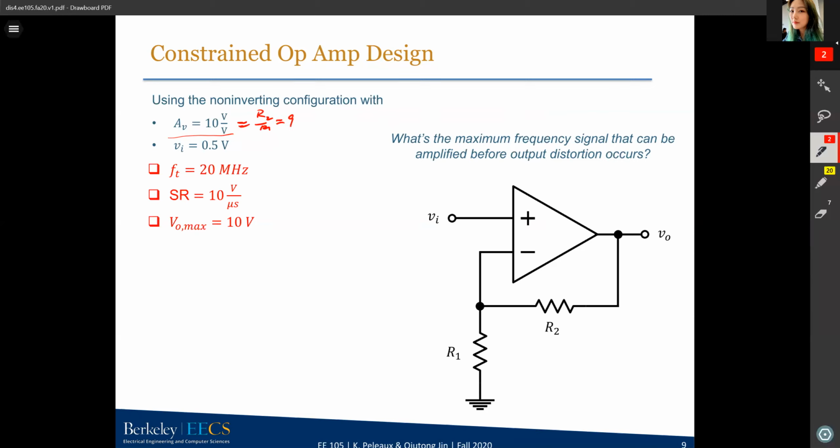And I also have my VI as 0.5 volts. With these three constraints, I want to know the maximum frequency signal that can be amplified without distortion. Just by saying distortion occurs, you may know this must relate to the slew rate, because only the slew rate could distort your signal.